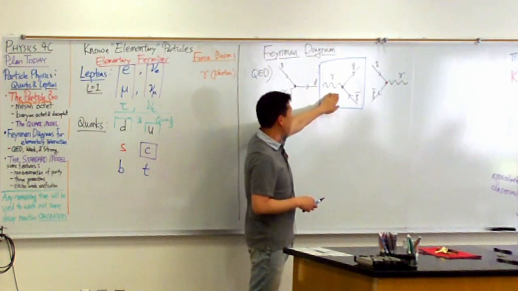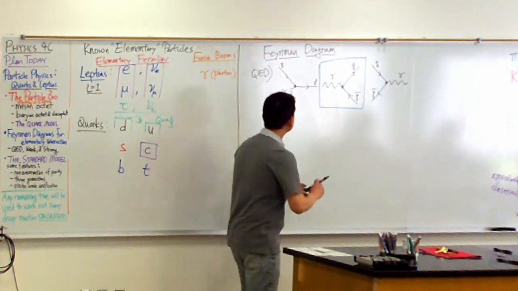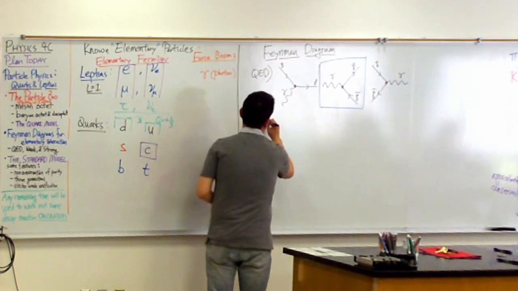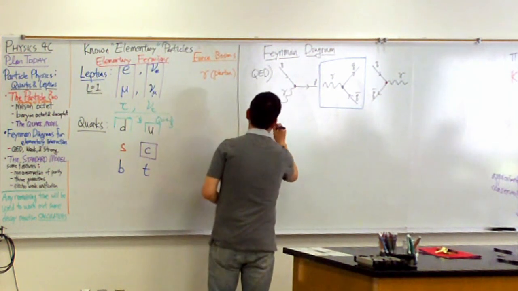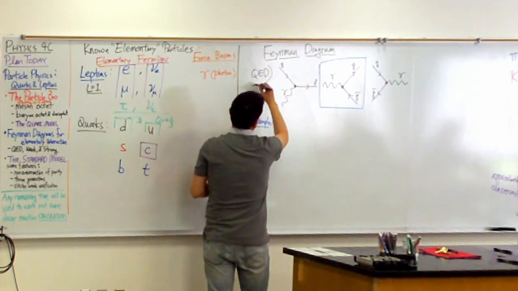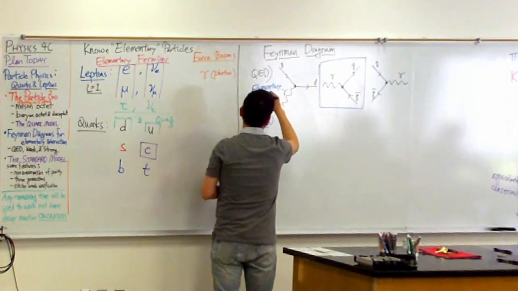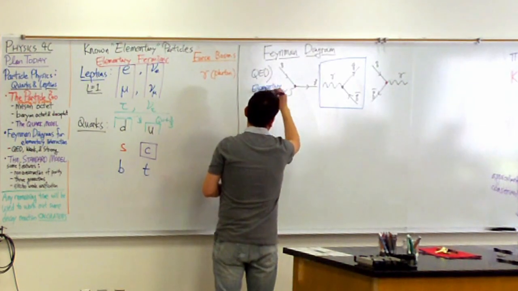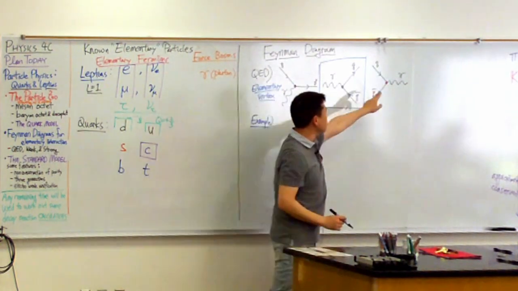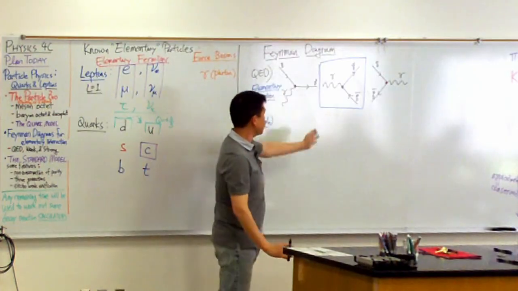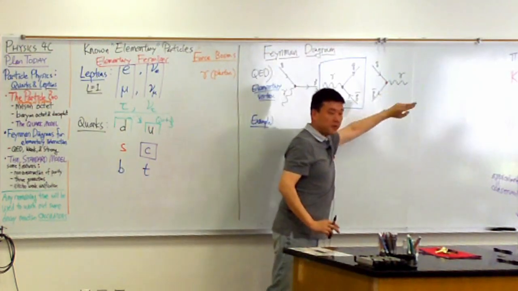Real pair production happens with 2 photons. So this is an example of what we call an elementary vertex. And these do represent something in the actual calculation. These are first order perturbation calculations.